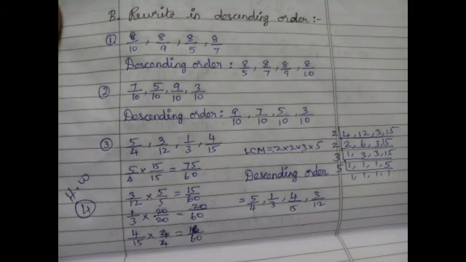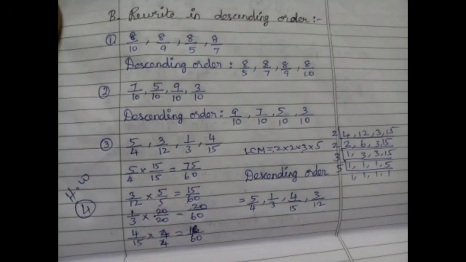Coming to the third question, 5 by 4, 3 by 12, 1 by 3, 4 by 15. All the numerators and denominators are different. You have to write it in the rough column and do the LCM. Here the LCM is 60. So 5 by 4, make it into denominator 60. So denominator you multiply with 15, so numerator also multiply with 15.